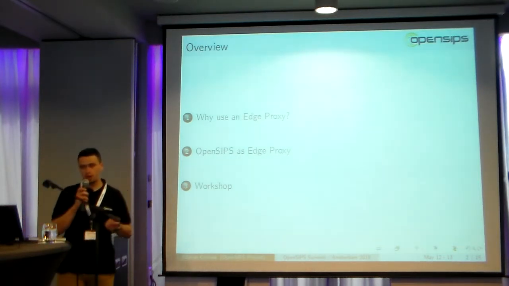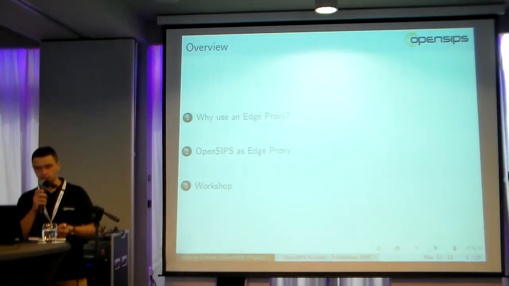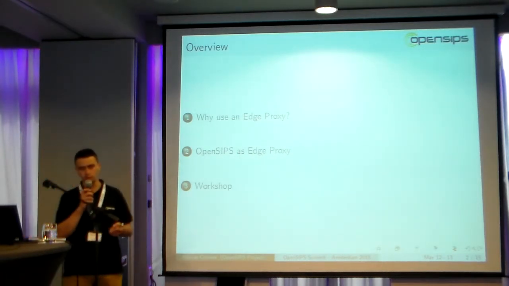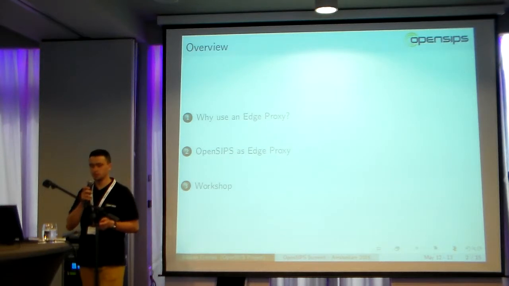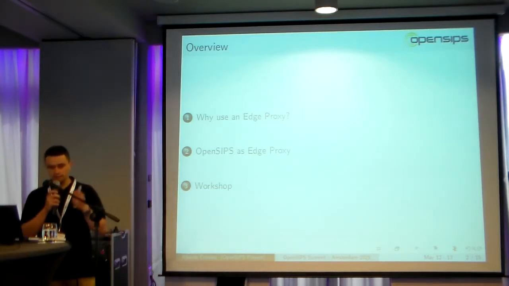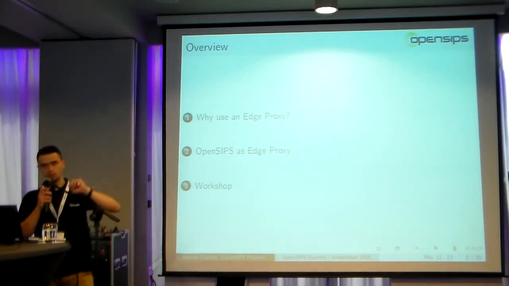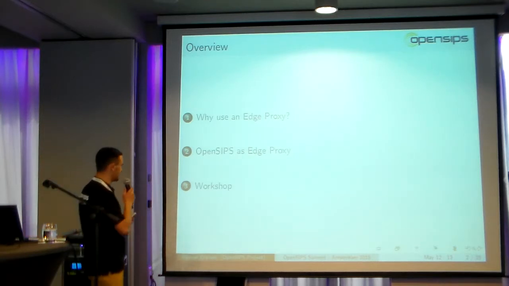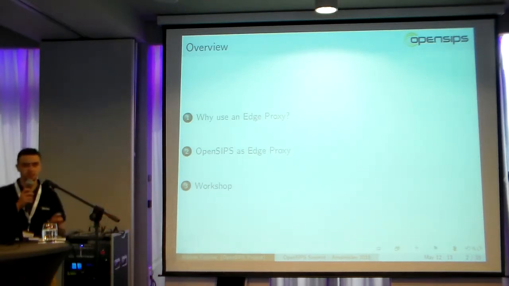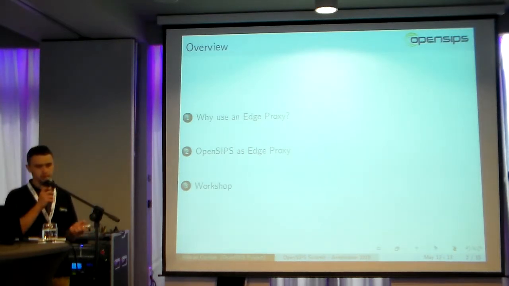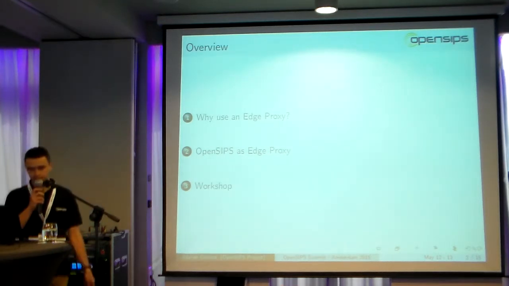Next, we'll see how you can use OpenSIPS as an edge proxy and why you would use OpenSIPS as an edge proxy. And finally, we'll have a technical workshop where we'll see a few tricks of configuring OpenSIPS to work as an edge proxy to multiplex different protocols and so on.